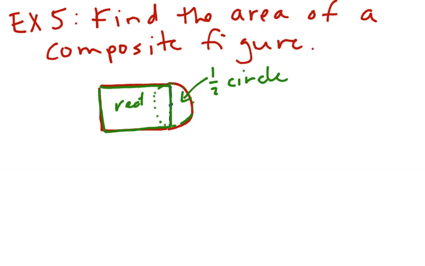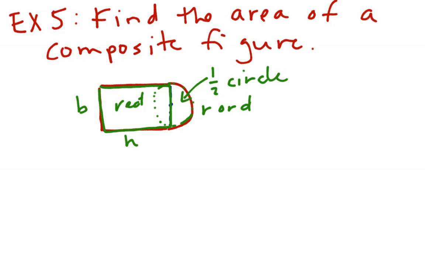I don't have a formula for half of a circle, but if I calculate a whole circle, I can just divide by 2 and get half of a circle, or a semicircle. And I do have a whole rectangle here. So I need base times height, and then I need the diameter or the radius of the circle. Those are the dimensions that I need.